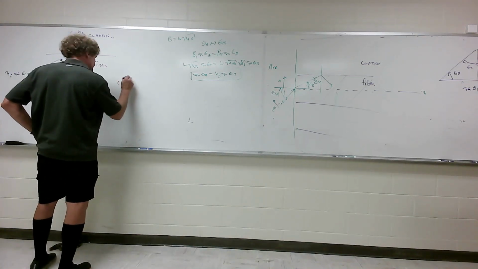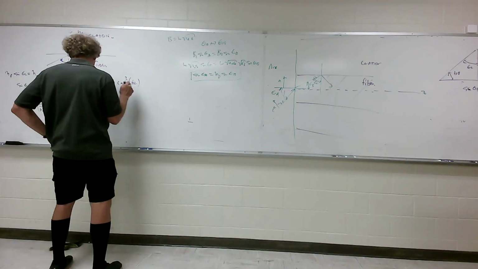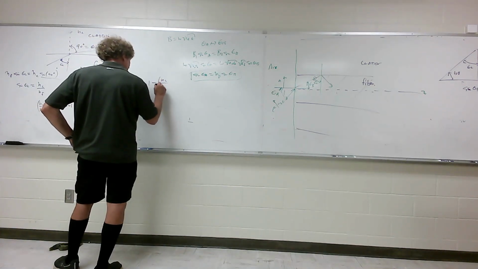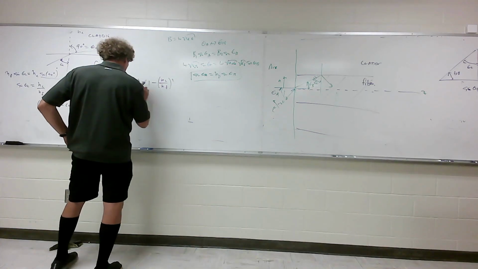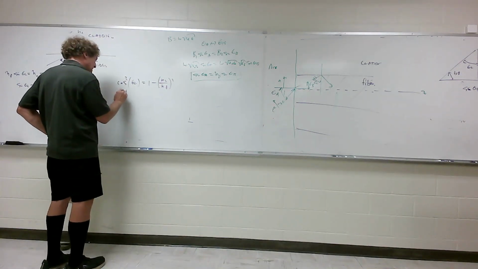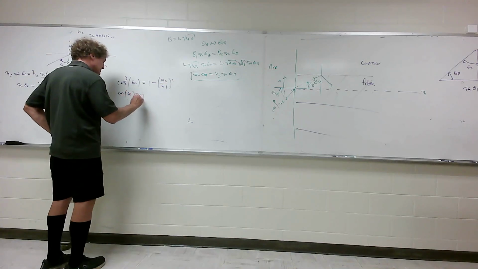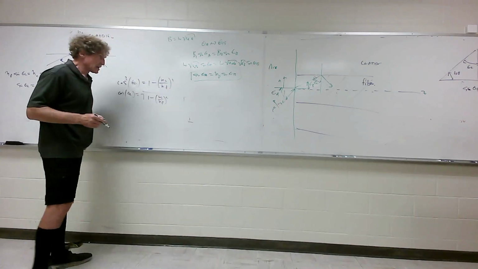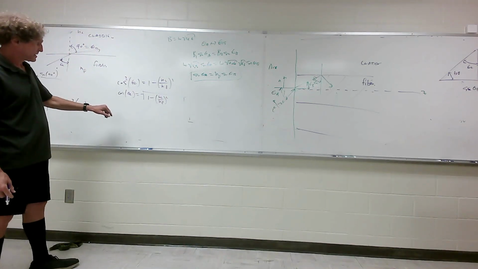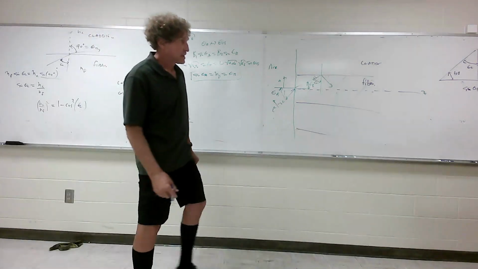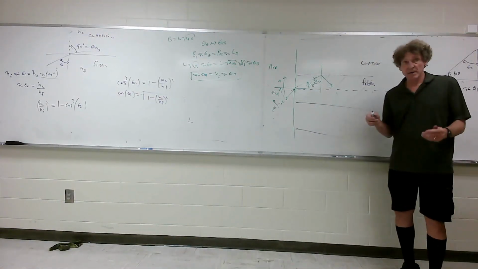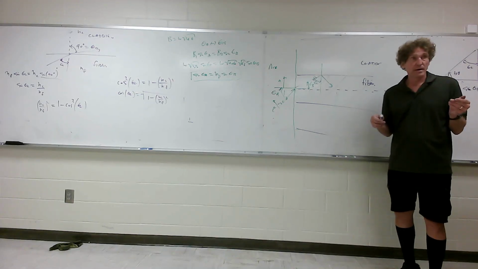Cosine squared of theta c is going to be equal to 1 minus NC, that's the cladding, over the fiber squared. And so cosine of theta c is equal to square root of 1 minus (NC over NF) squared. Now I take that, and I can see that the cosine of theta c is equal to the sine of theta b. Are you with me?